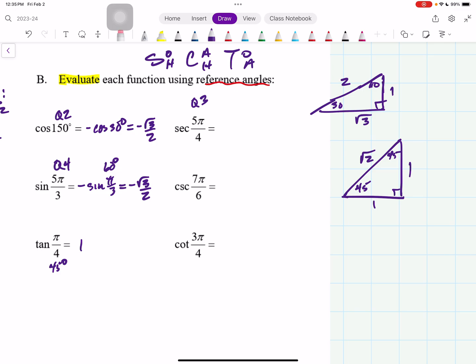Now, secant is the reciprocal of cosine. So I'm going to go off to the side here and think, what's the cosine of the reference angle pi fourths? I know cosine is negative there, so this is a negative number. So I need to be thinking, what's the negative secant of the reference angle pi fourths?